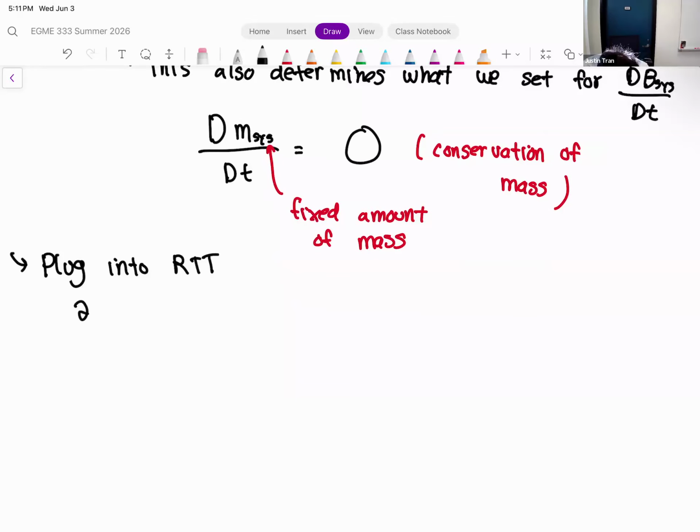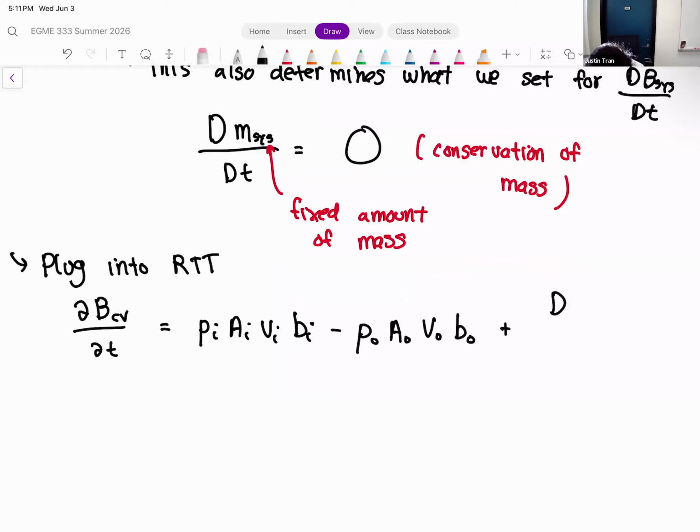So general Reynolds transport is partial B_CV partial t is equal to rho at the inlet, A at the inlet, velocity at the inlet, times b at the inlet, minus the same things at the outlet, plus our generation term.